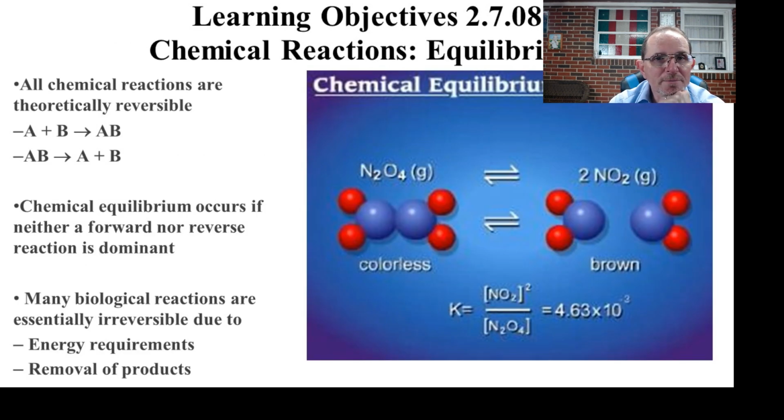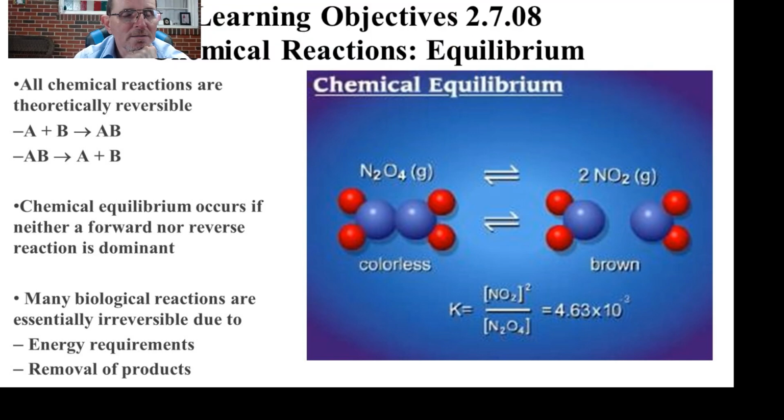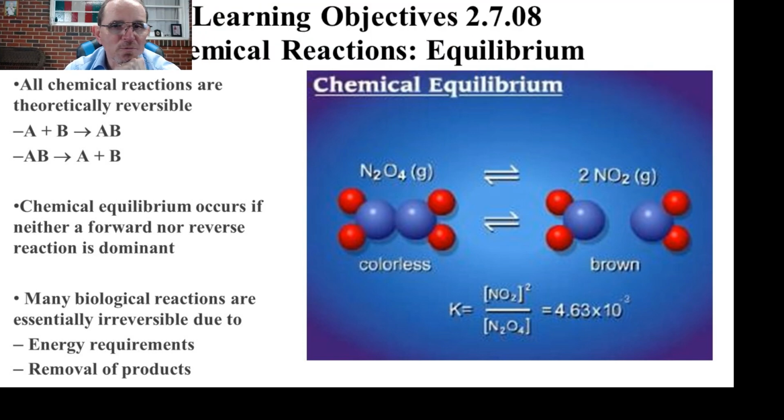Oh, we're going to move me again. Chemical reactions, equilibrium. Remember I told you about those arrows pointing both ways? You can see them now. Here's N2O4, and this guy is going to break up into 2 NO2, nitrogen dioxide. All chemical reactions are theoretically reversible.